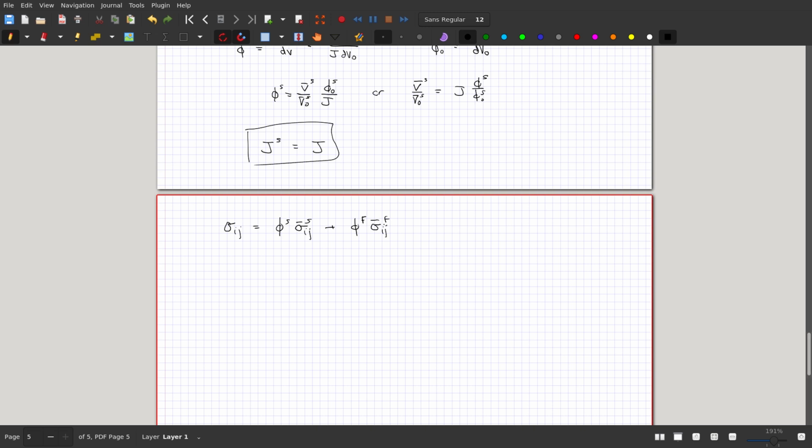So these bar terms, it's called the intrinsic stress. Intrinsic stress. This is the stress that component, the alpha component, would feel if it's isolated, right?